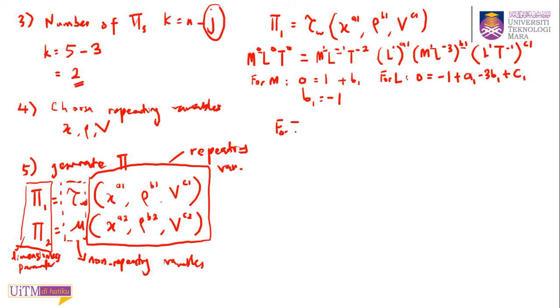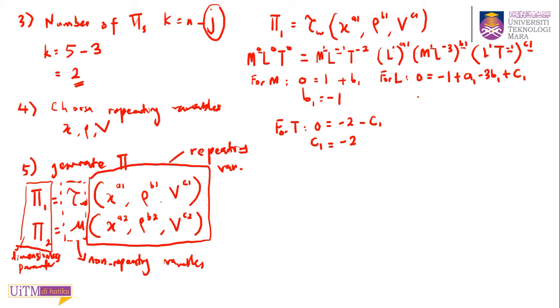So for T, again the same thing that you need to do. T0 equal to minus 2 plus this one has no T, this one has no T, this one has T, minus 1 times C1, we will have minus C1, and this will give us C1 equal to minus 2. Okay, so we know B1 is equal to minus 1, C1 is minus 2, so now we can solve for A1.